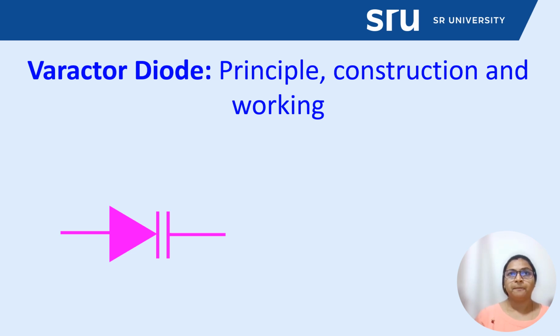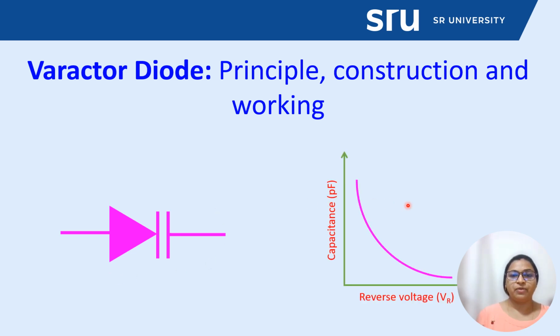This is the symbol of the Varactor diode, and we'll be focusing on its IV characteristics. We can understand from here that this symbol is basically a capacitor and a diode, which suggests that this diode could be used for capacitive applications.